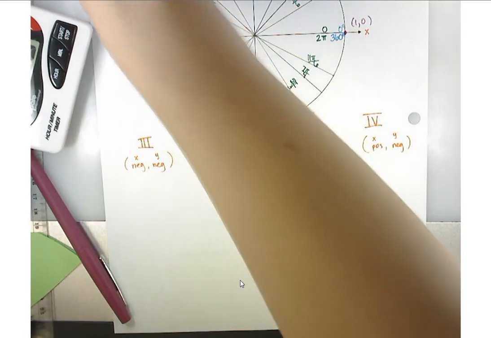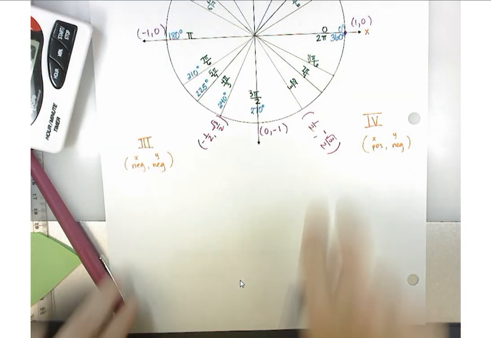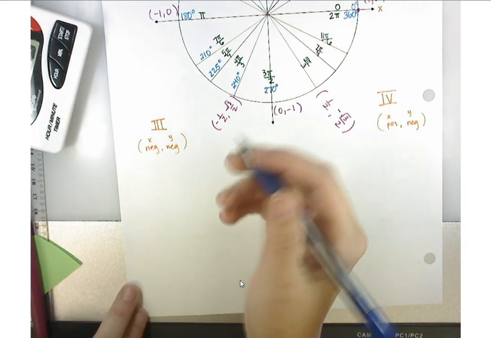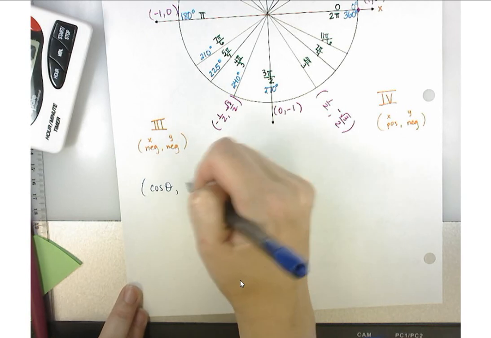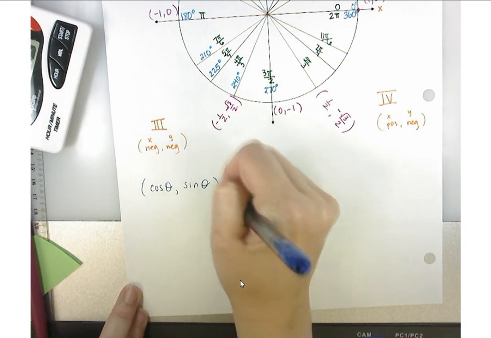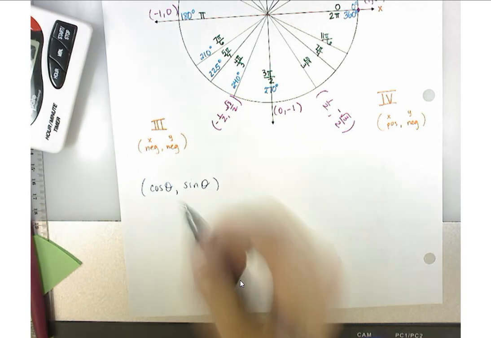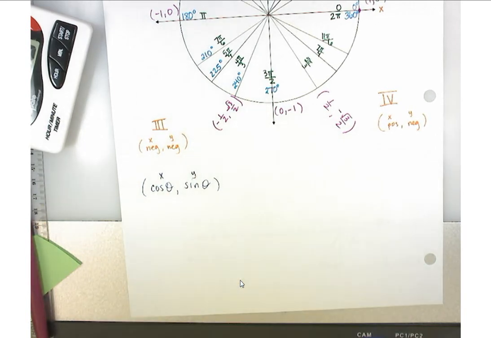I also just want to review with you how these are related to your trig functions. Every single point is actually given in terms of the cosine of theta and the sine of theta. Do we remember that? So the cosine is equivalent to your x coordinate. Your sine is equivalent to your y.